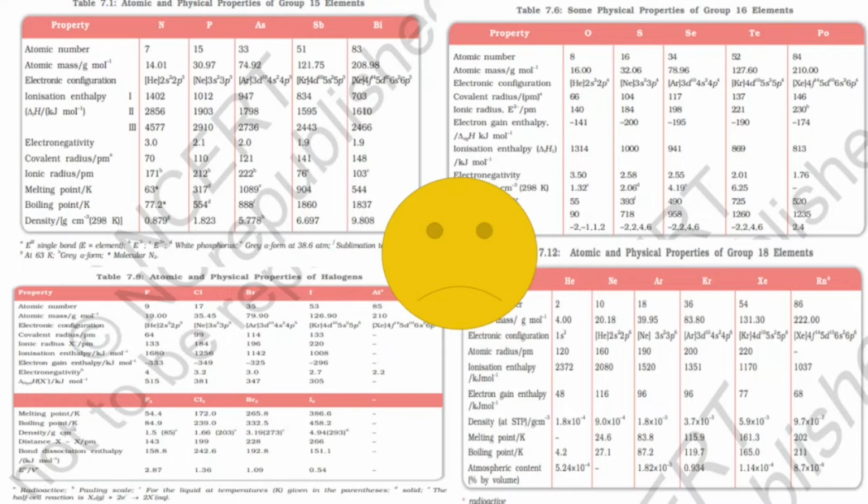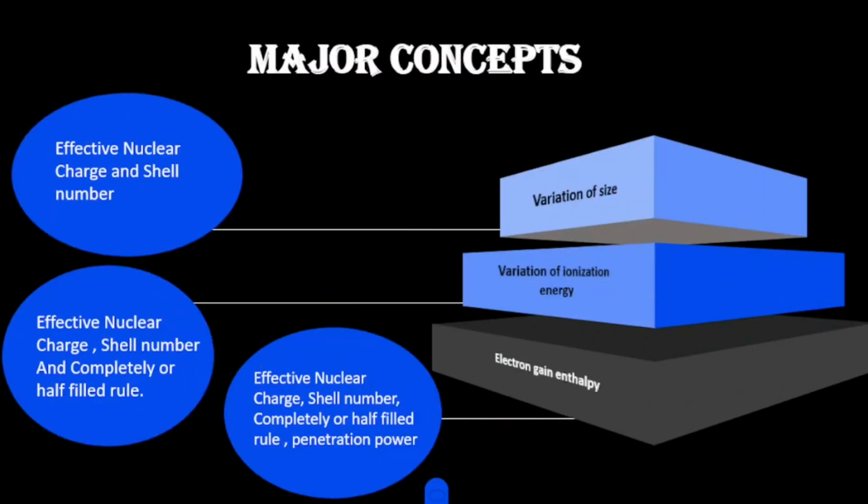Without wasting time, let's begin with some major concepts. We will cover three main topics: variation of size, variation of ionization energy, and electron gain enthalpy. The first topic will deal with effective nuclear charge and shell number. These two factors will affect variation of size.